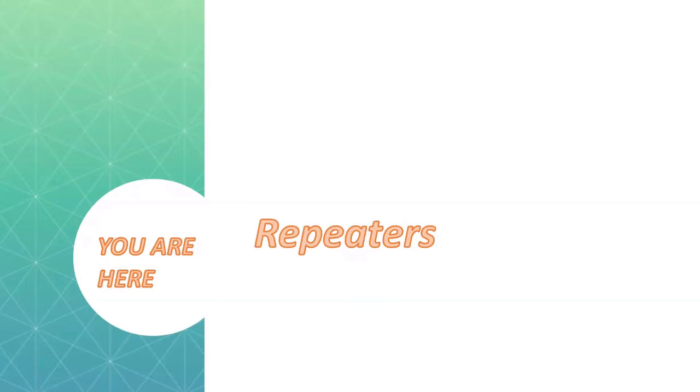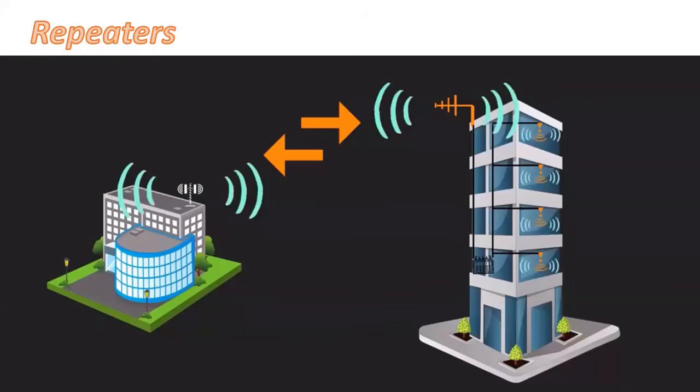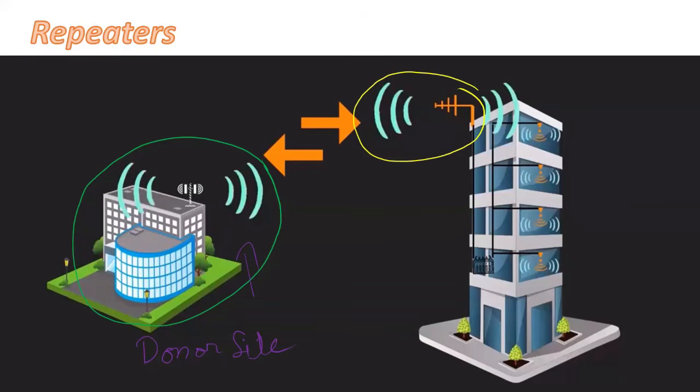When we say repeaters, it is like a coverage amplifier or a coverage extender. So it extends your coverage. You can see here there is an existing outdoor site, right? We call it donor site. Then the signal from the existing outdoor site feeds the antenna. We call it donor antenna.